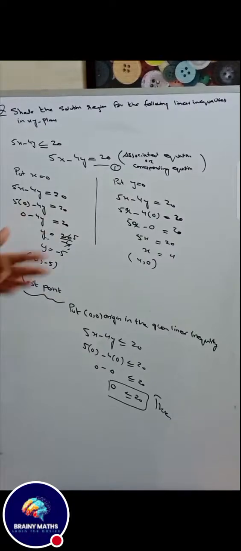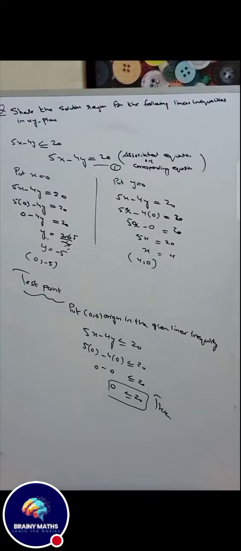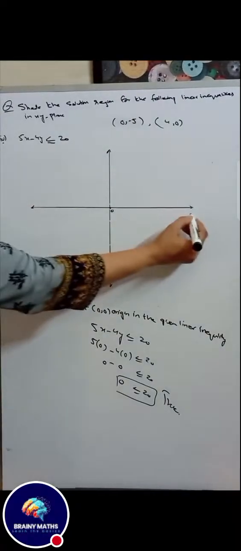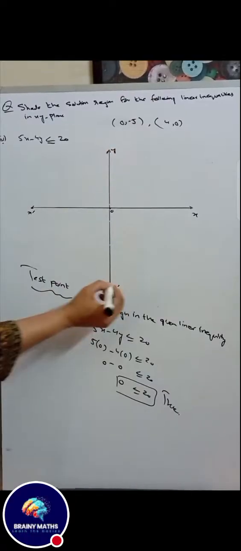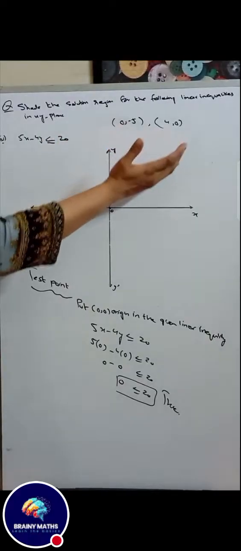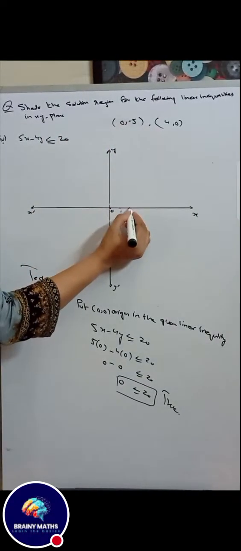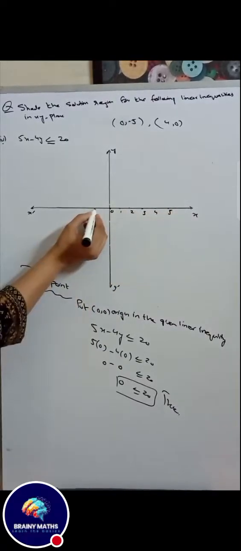Alright. Now on the basis of this, we will get our shaded area, towards the origin or away from the origin. Arrows must, x dash y dash. We have to represent minus 5, 4, 0. So I will definitely mark up to 5. 1, 2, 3, 4, 5.